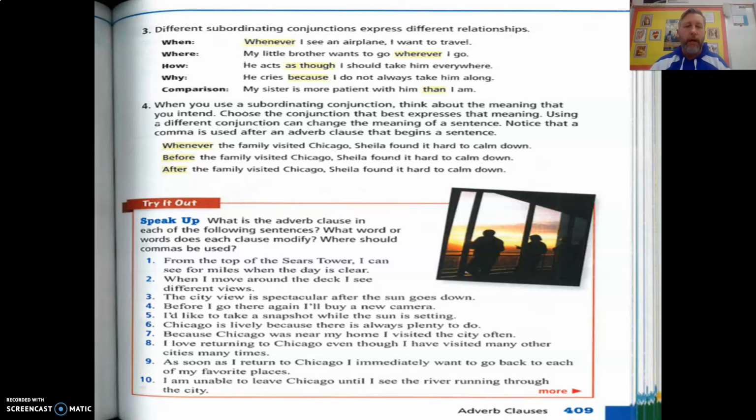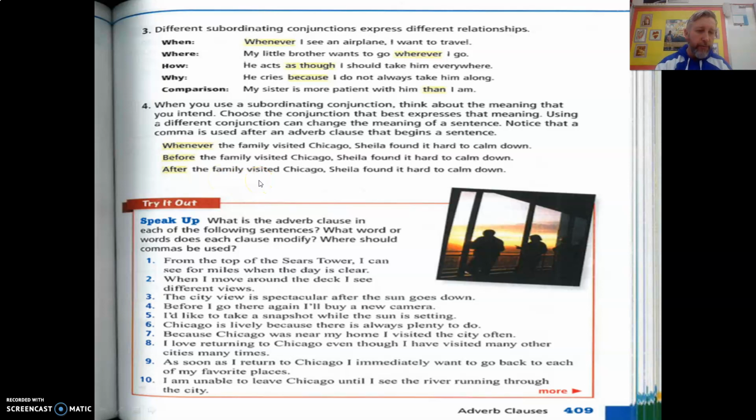So then whenever, before, after, notice that those are 3 different subordinating conjunctions and how they change the meaning of the sentence, depending on what meaning you're trying to get across. But the rest of the words are the same. So it just goes to show you that the subordinating conjunction is very important.